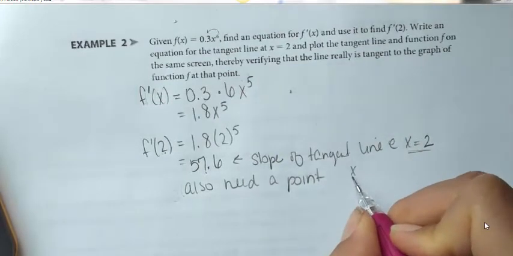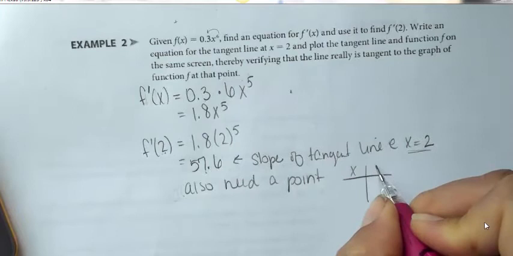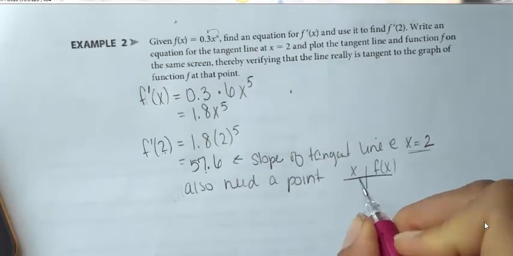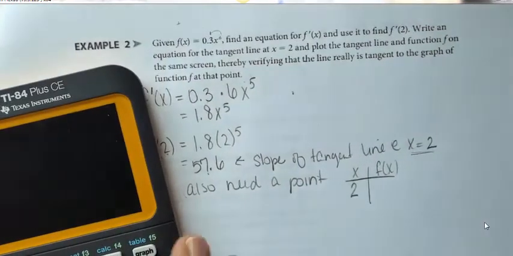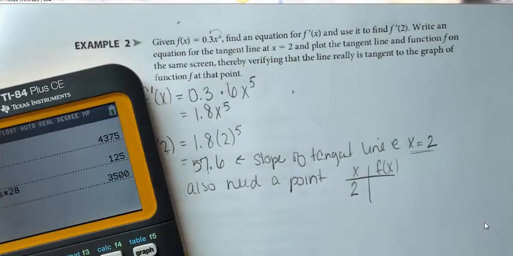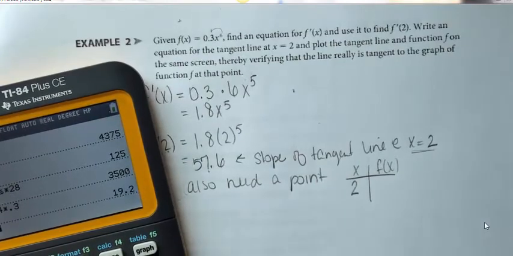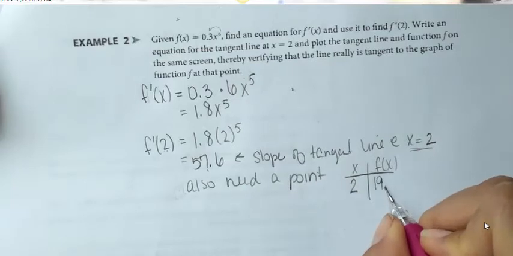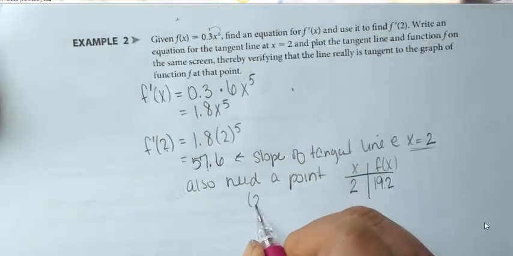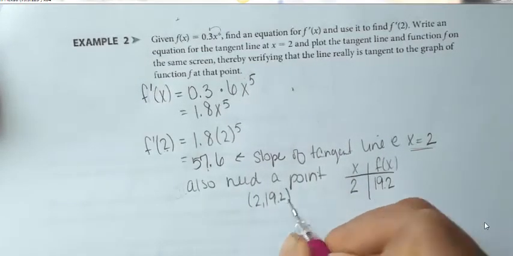So I'm going to make myself a little input-output table. If I plug 2 in, that's 64 times 0.3, which is 19.2. So my point here would be (2, 19.2).